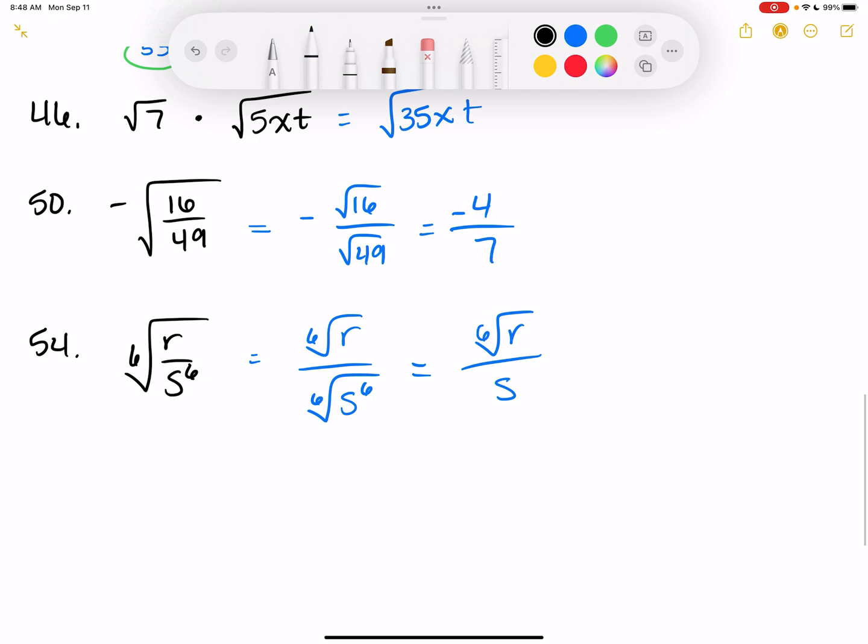Let's see. 58. Cube root of 25 times negative 3 raised to the 4th times 5 cubed.